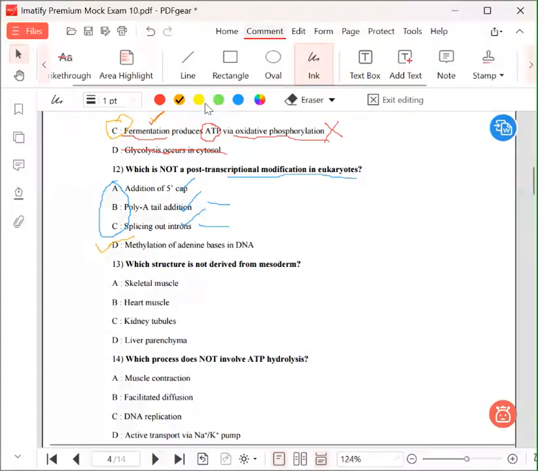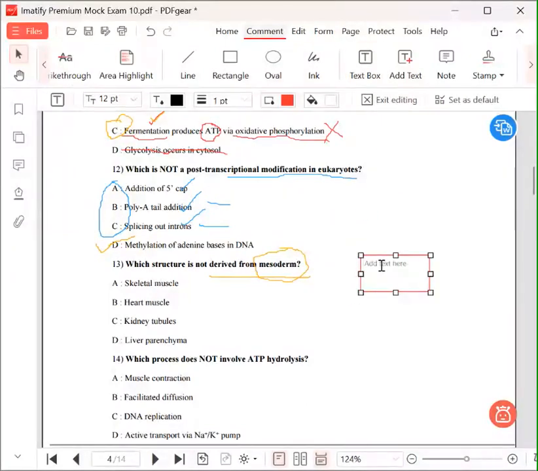Okay, moving on to the next question, which structure is not derived from mesoderm? So remember that we have three layers of skin in the early developmental stages. It is ectoderm, it is mesoderm, it is endoderm.